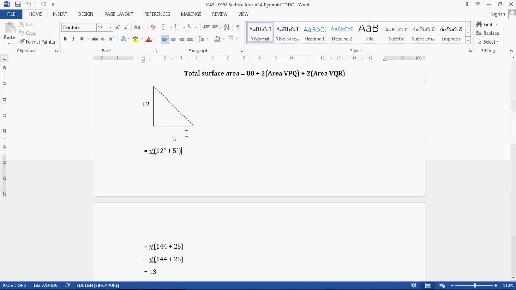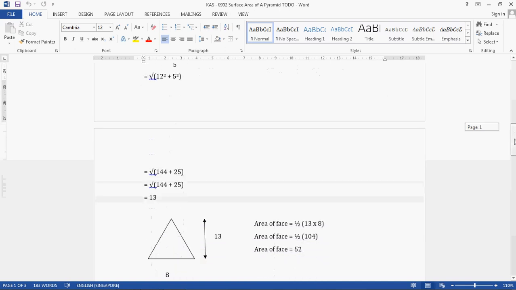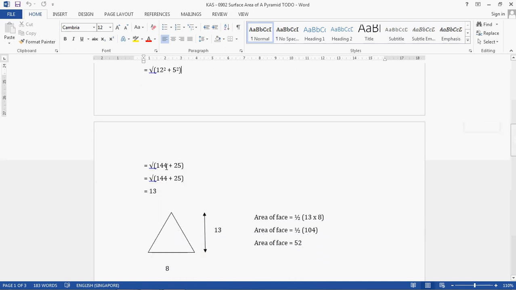So I have 12 squared and 5 squared. But in order to remove the square for the hypotenuse, I have to square root it. So 12 squared is 144, and 5 squared is 25, and if you solve this together, you will get 13.